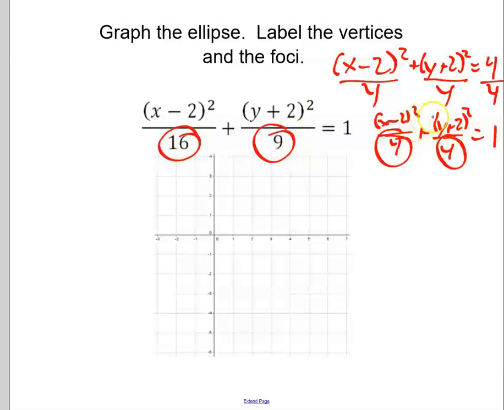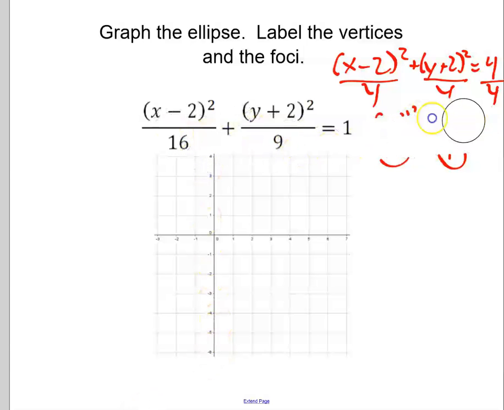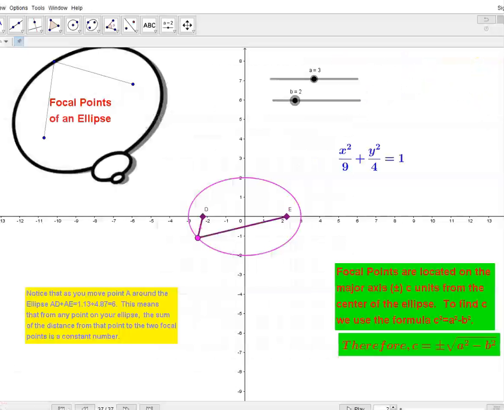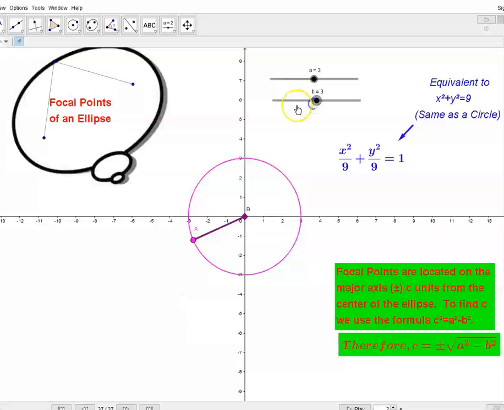Now, if it is a circle and you use the process that we're going to learn for graphing ellipses, it'll actually work to graph a circle as well. So there are a lot of similarities between an ellipse and a circle. If I were to make those numbers the same, you'll see it actually is a circle.